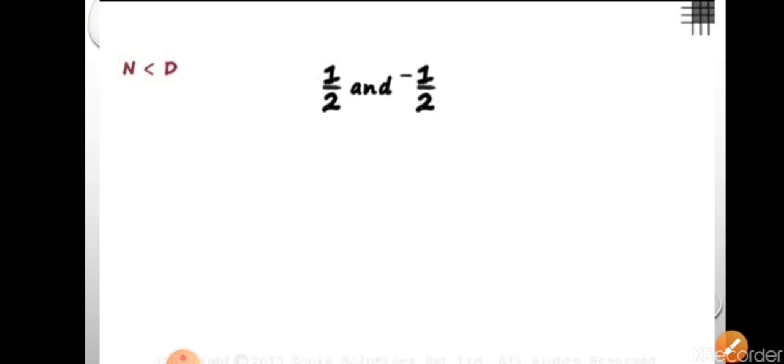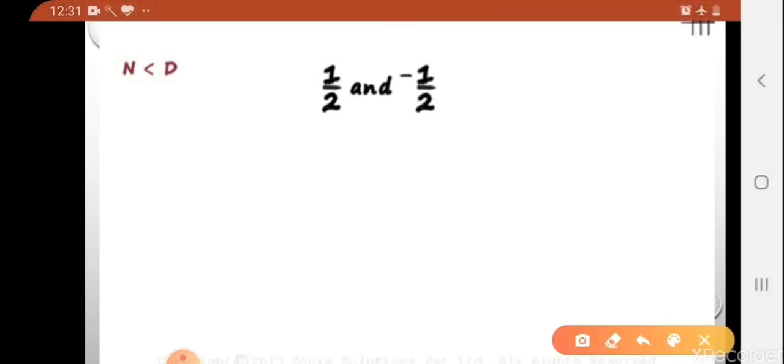Next one. First example, what you have to see here, two rational numbers are there, 1 upon 2 and -1 upon 2. Taking the first one, 1 upon 2. Which type of fraction can you say it is?